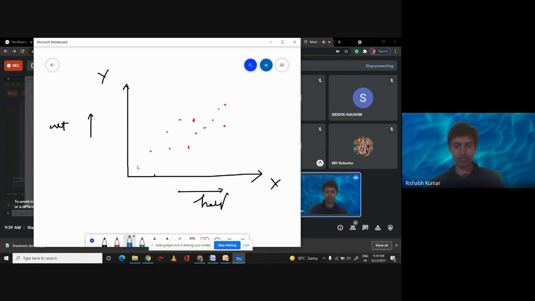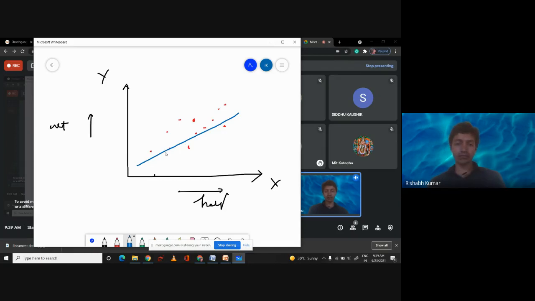So suppose that straight line is this. Okay, but it is clear that this relationship or the model will be a straight line model. But the thing is, how will you draw the straight line? Where is this straight line going to be? What will be its slope?